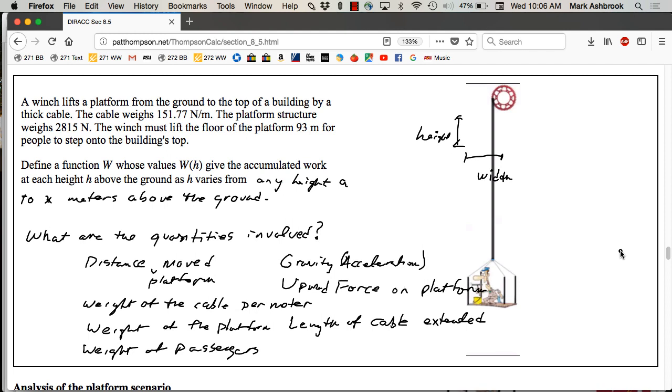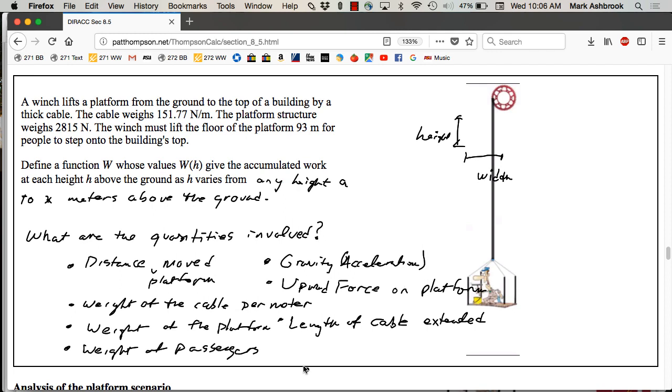Okay, so now we have to figure out what are going to be our focal quantities. When we write this work equation or work function, key is going to be the independent variable, right? The independent variable is going to be key for us. So is one of these or something else going to be the independent variable for our work function?